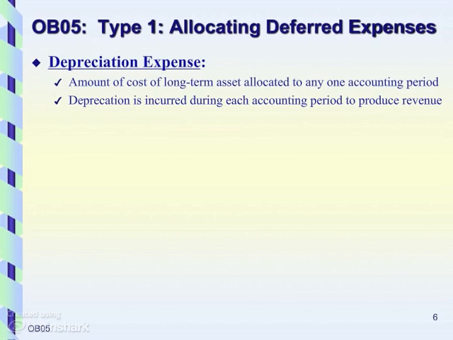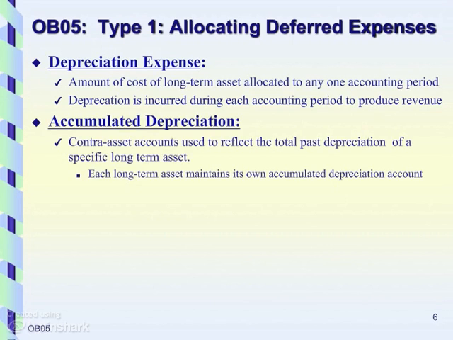They then credit the accumulated depreciation associated with that long-term asset. The accumulated depreciation is a contra account, and it is used to reflect the total past depreciation of a specific long-term asset. Each long-term asset maintains its own accumulated depreciation account.